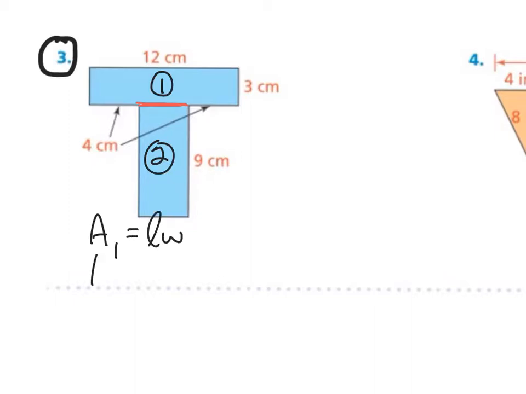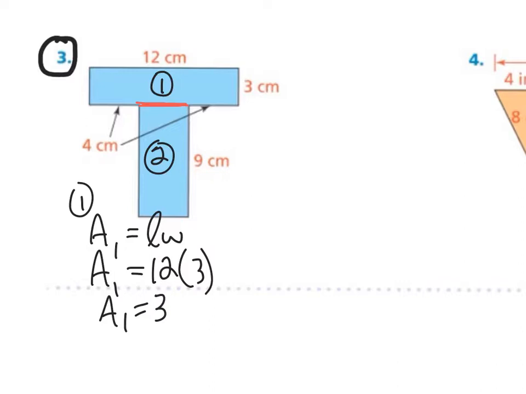So for the area of a rectangle, you need to make sure you remember that formula is length times width. So for our top rectangle, the dimensions are given, 12 and 3, and we multiply those, which would be 36 square centimeters.